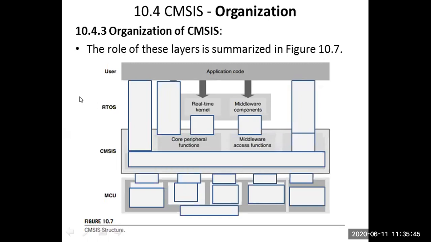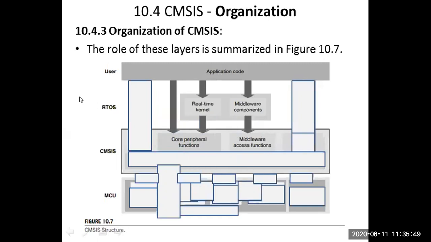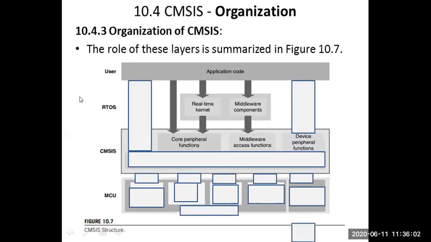And what does CMSIS contain? Core peripheral functions and middleware access functions. These will be communicated from the application code through the RTOS, the OS, and CMSIS. Then CMSIS also contains device peripheral functions. It may be a charging port or your speaker port.